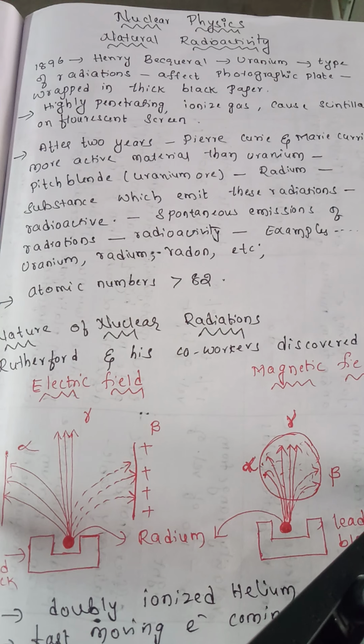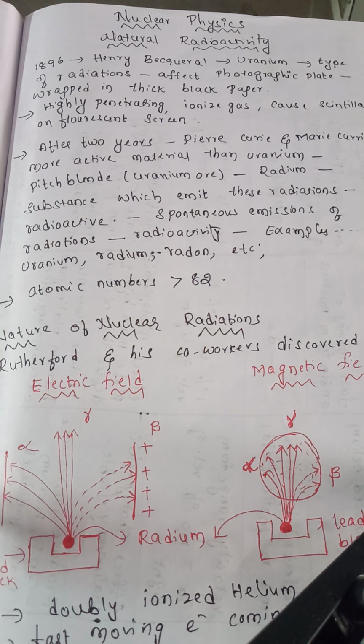Then he searched his table drawer and found uranium wrapped in black paper. He did experiments on this uranium, and finally his experiments showed that the uranium emits certain radiations.